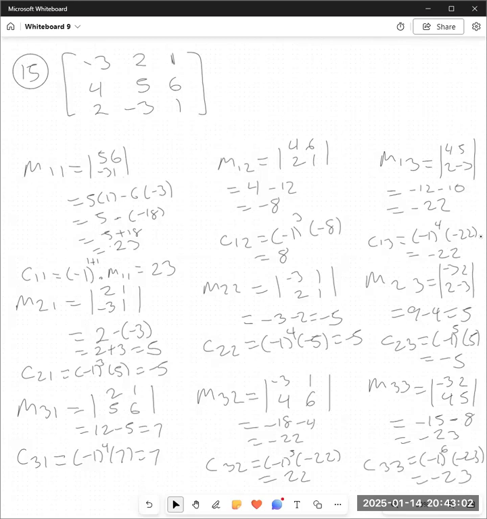I'll do it this way, but I'll also show you the sign pattern and the other way to do it that you can just memorize, not have to find all of these. This is nice when it gets bigger and you need to find these minors and cofactors to simplify things for yourself a little bit.